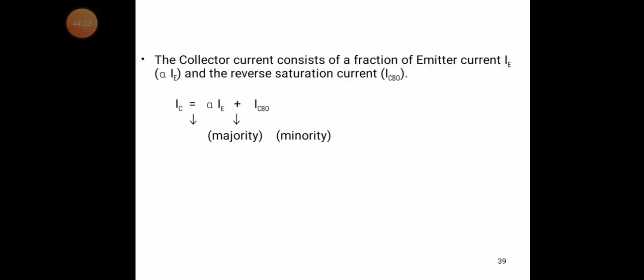In this class we discussed the BJT, bipolar junction transistor formation, how BJT is formed. If we connect two diodes back to back, we get three regions. Those three regions are called the transistor.